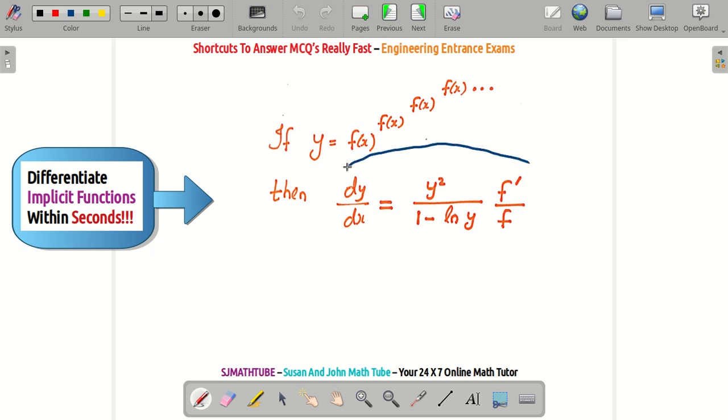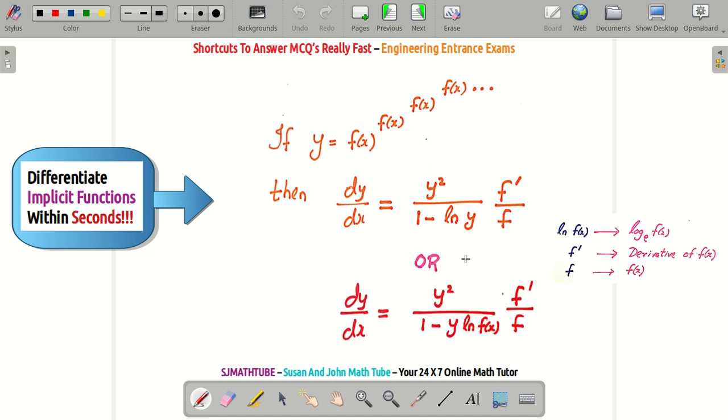And in such cases, the derivative will be y square by 1 minus log y to the base e, times f dash by f. Or you have one more format, and the notations are over here. ln f of x means log f of x to the base e. f dash stands for the derivative of f of x, and f of course is our f of x.